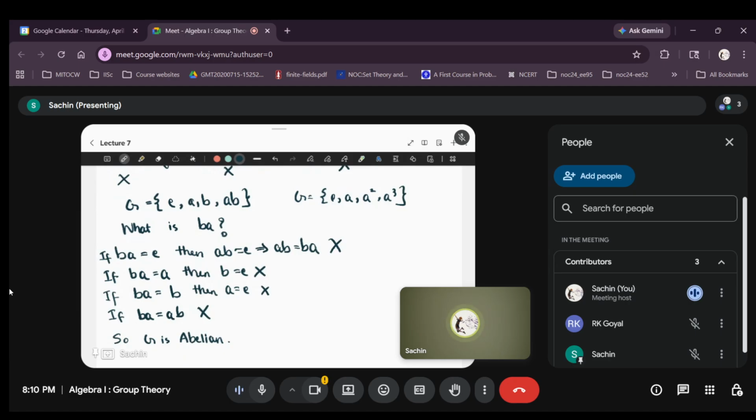Or you could have E, A, B, A times B. So these are the only two structures that a group of order 4 can have.